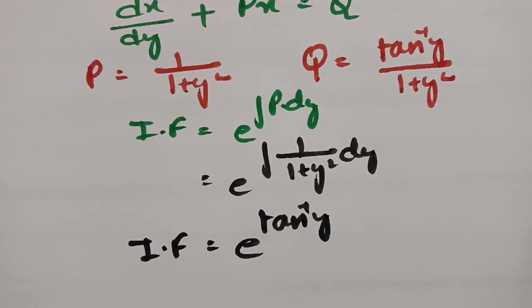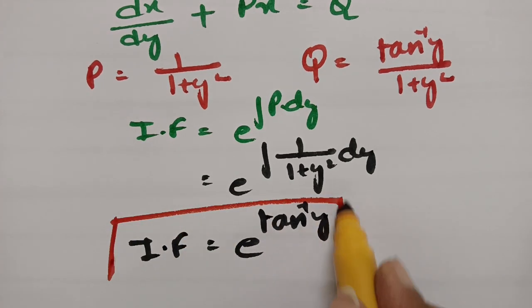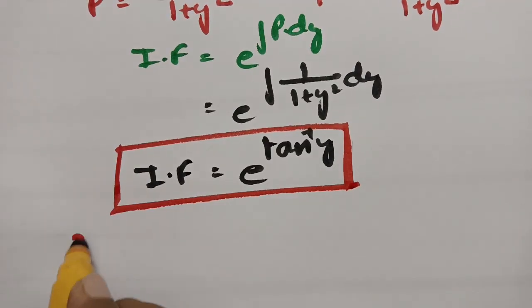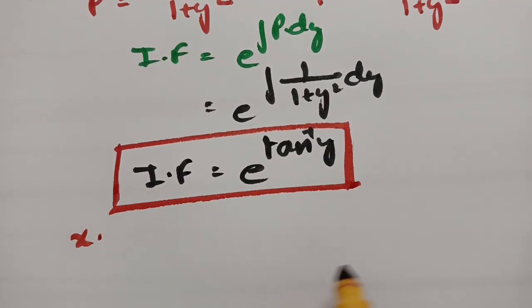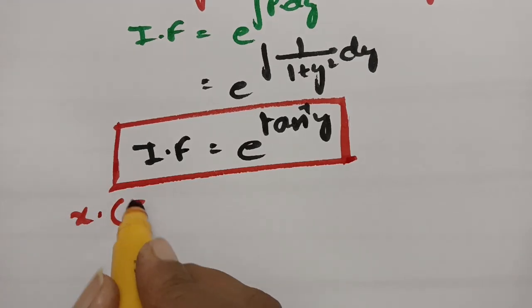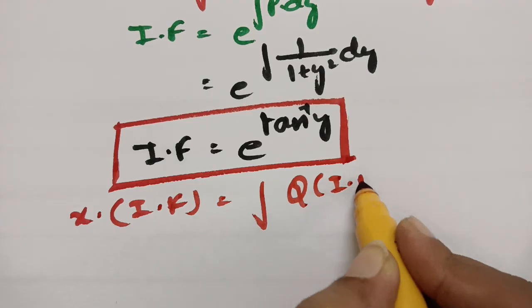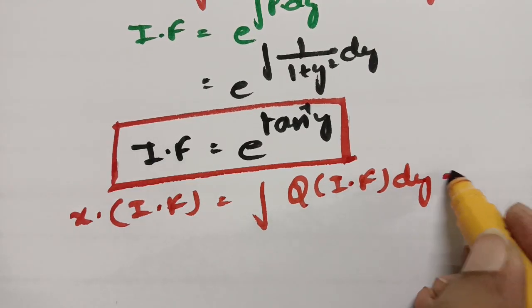So after getting our integrating factor, here is the formula for the solution. What is the solution formula? As it is dx by dy, this value starts from x. x into integrating factor is equal to integral q times integrating factor into dy plus c.